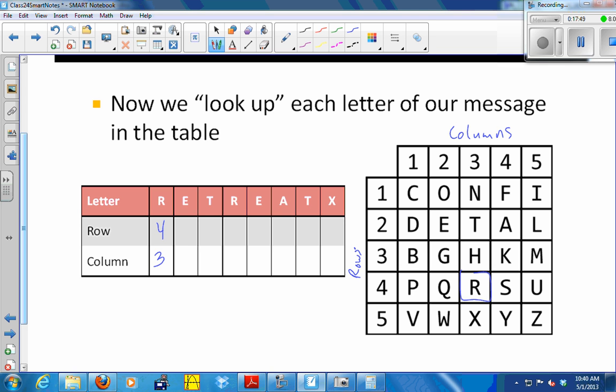And then E is in row 2, column 2. And T is in row 2, column 3. R, 4, 3, 2, 2. A is in row 2, column 4. T, I already looked that up, that's 2, 3. And then X is 5, 3.